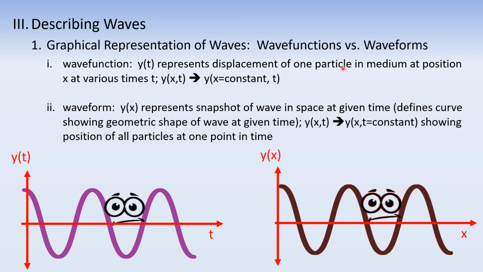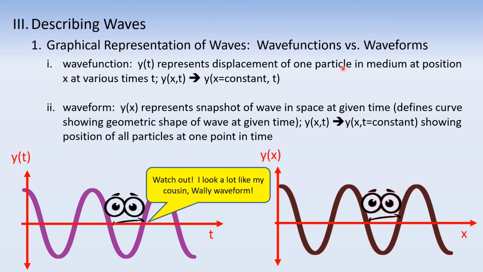Now you see here why I'm making a point of this. While both of these graphs are representing two very different phenomena, the shape of the graphs look very similar. So a word of caution here from our wave function friend that says, watch out, I look a lot like my cousin Wally waveform.